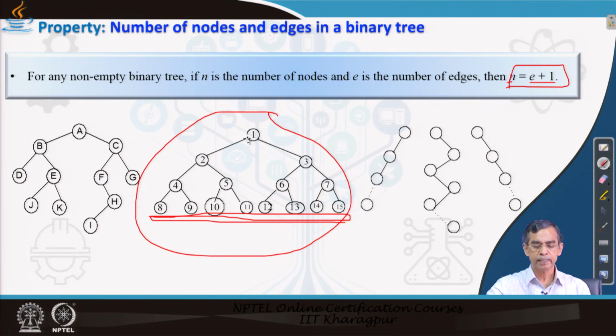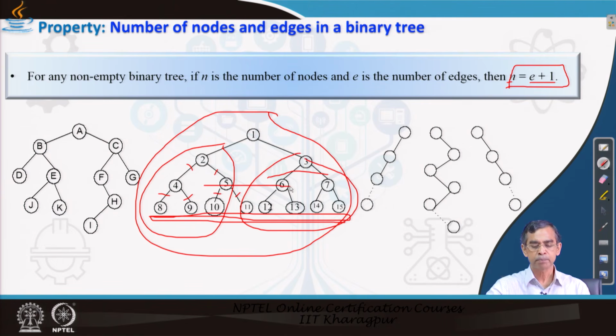Now here, if you see in this particular tree, these are 1, 2, 3, 4, 5, 6, 7. So this part has 7 and this other part also has 7. So 7 plus 7 is 14, and then this one is the 1.